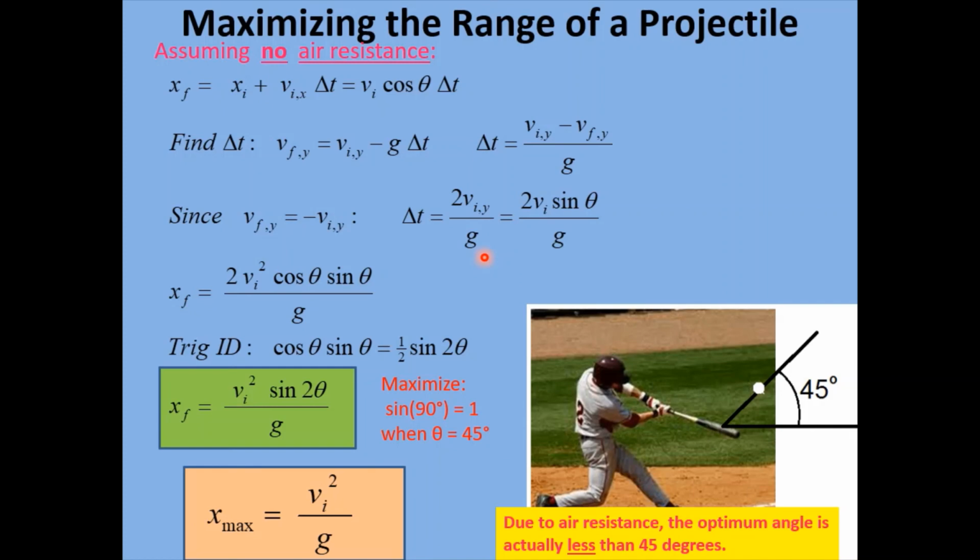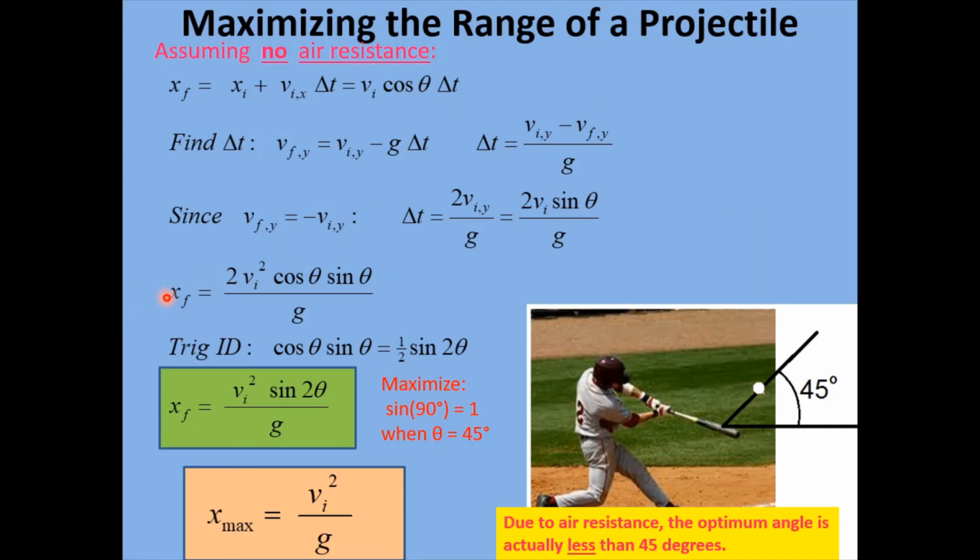The next step is, remember that v sub iy is equal to the launch velocity vi times sine of theta. So we've got an expression now for delta t. We're going to take this and substitute it into the equation up here where we see the delta t. The result is this equation right here.